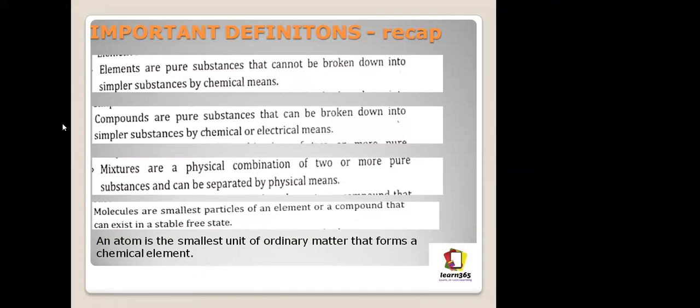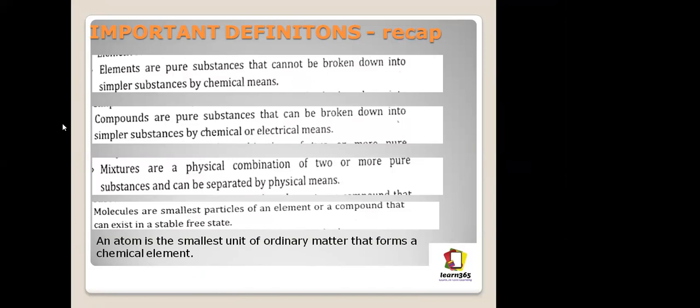So the basic part of any matter around the universe is the atom. All right. So we were slowly building on from atom to a molecule to elements, compounds, and mixtures. Atom is the answer. It is the smallest part of matter that forms a chemical element.